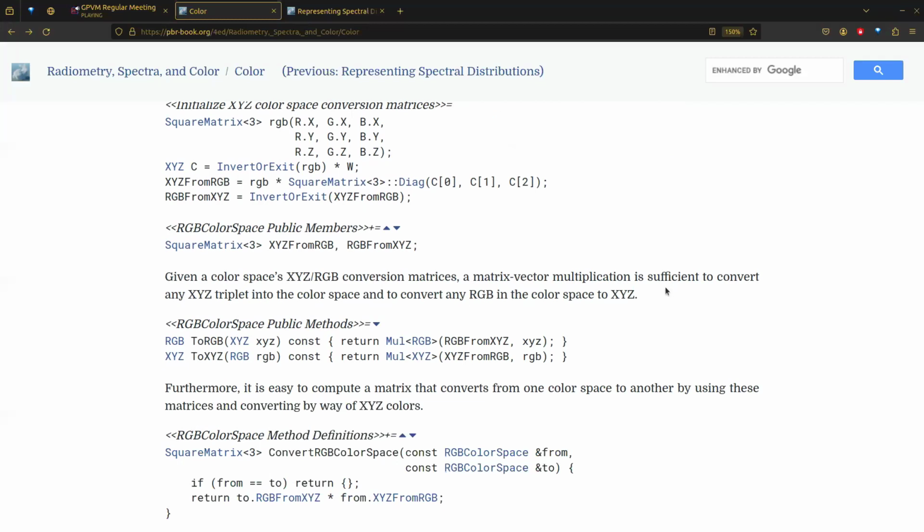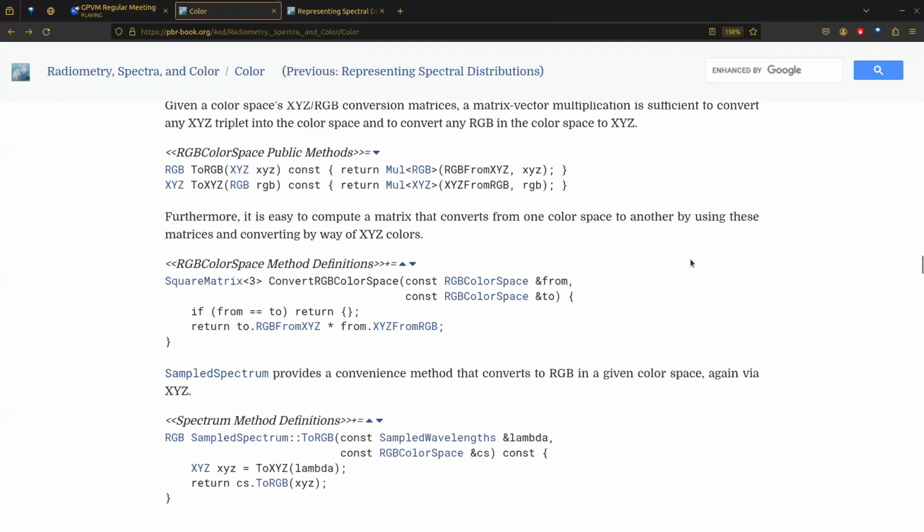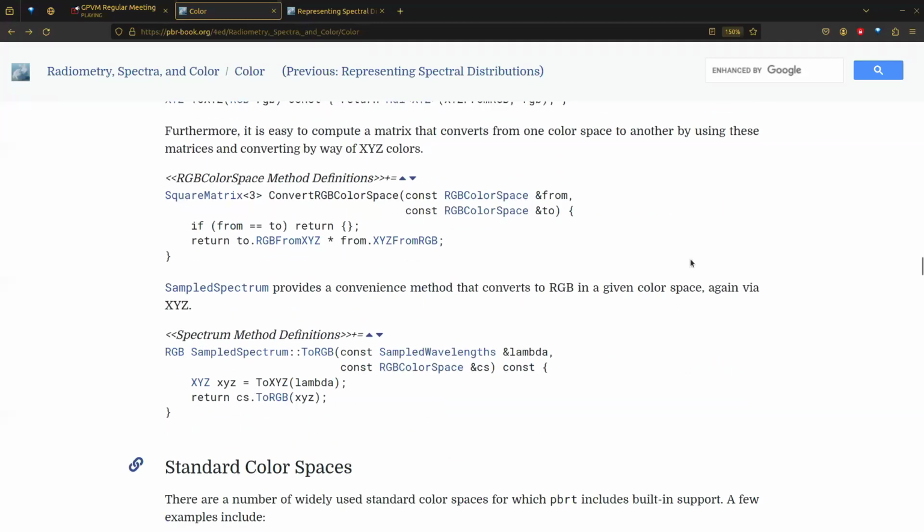Given a color space's XYZ to RGB conversion matrices, matrix-vector multiplication is sufficient to convert any XYZ triplet into the color space and convert any RGB in the color space to XYZ. So we've got some conversion functions from XYZ to RGB. It's easy to compute a matrix that converts from one color space to another by using these matrices and converting by way of XYZ colors.